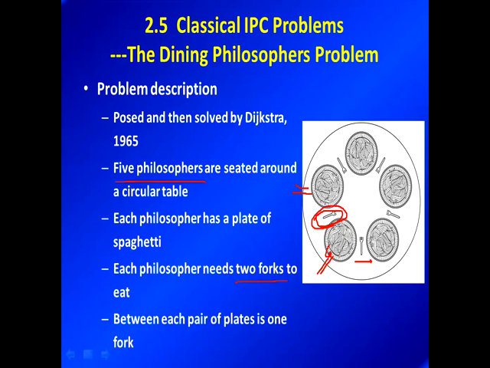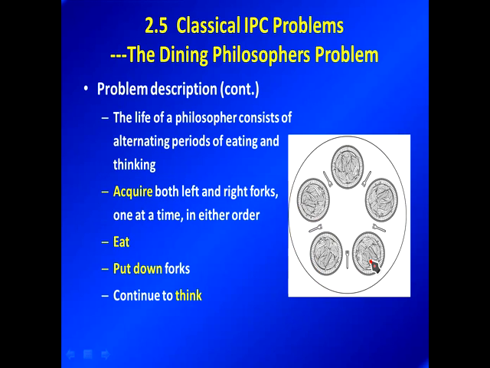This is a basic problem, and if we analyze it more, you can see the philosopher needs just to think and eat. Between thinking and eating, the philosopher needs to take the forks, and after the philosopher finishes eating, it needs to put down the 2 forks onto the table, right?